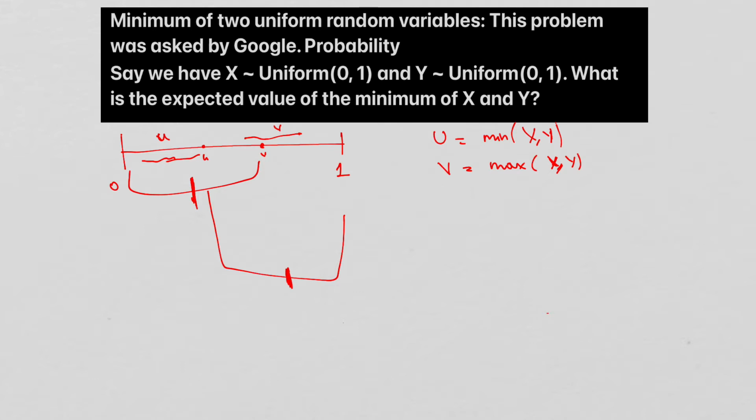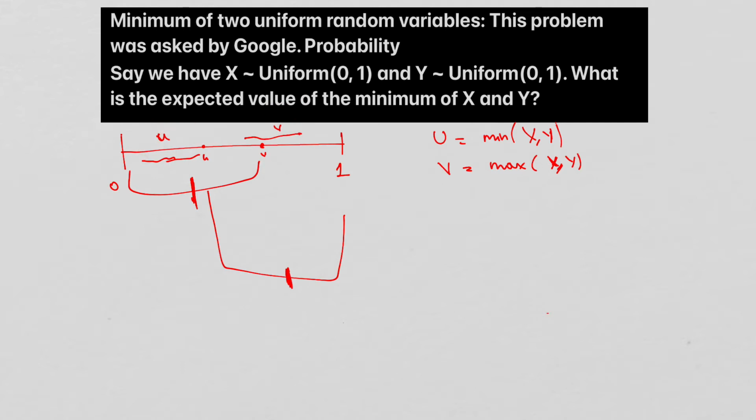So now we denote the minimum of x and y as u and the maximum of x and y as v. Of course, x and y are uniformly distributed between 0 and 1, right? So now I have the interval 0 to 1, and u is always smaller than v, so I put v here and u here.